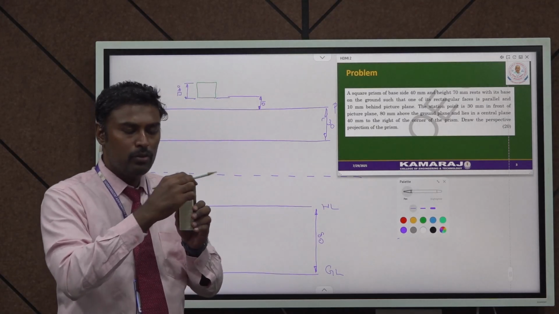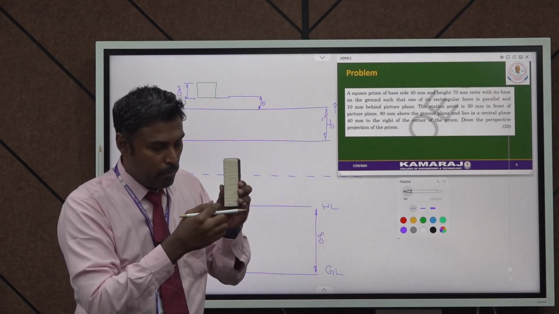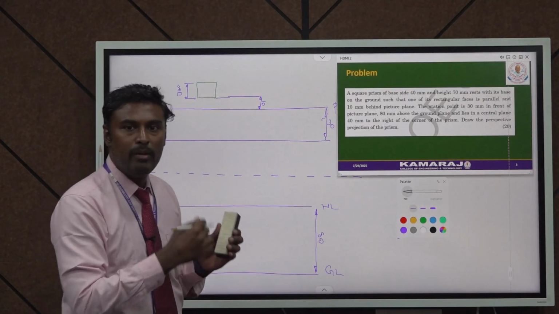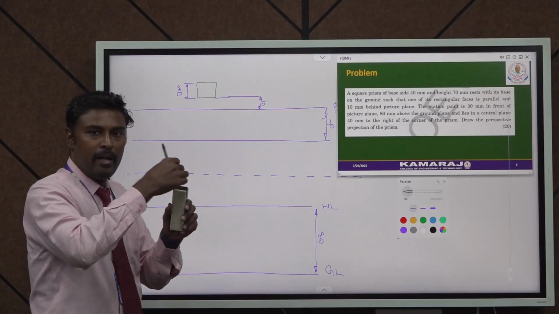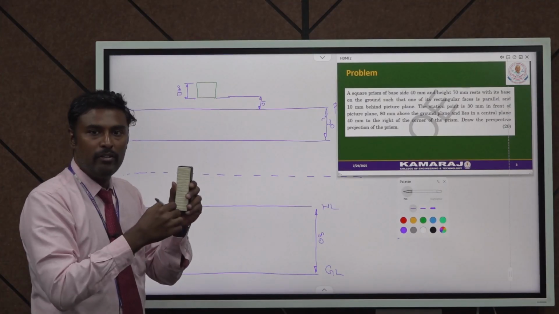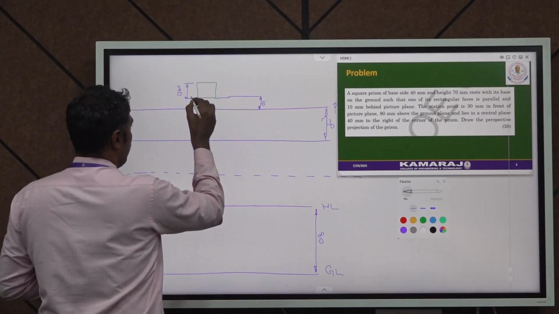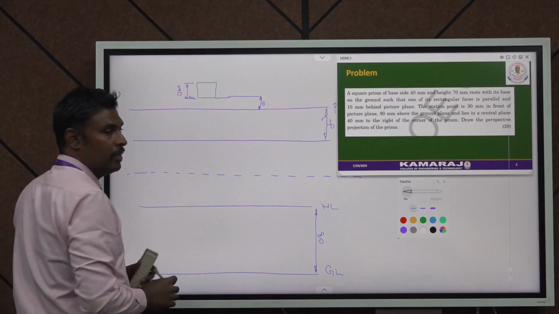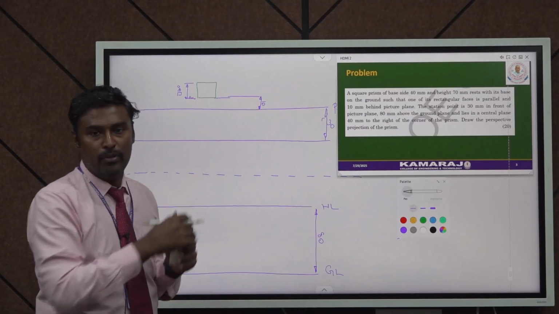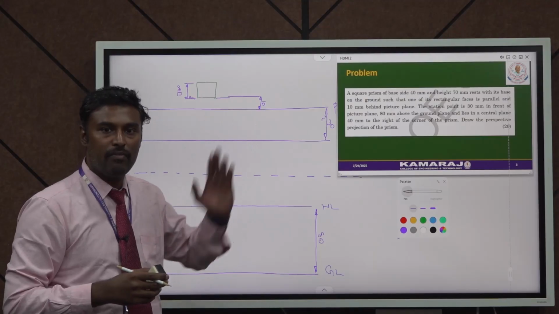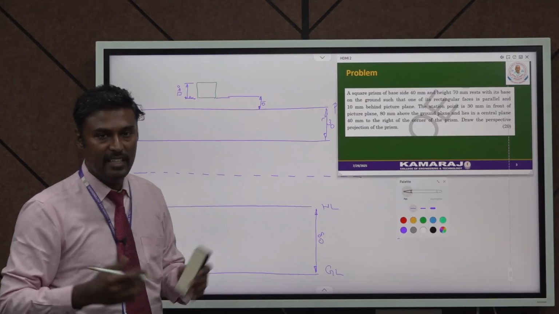For the square prism, 2 faces are there: the top face has one square, and the bottom has one square. Now I am going to name them ABCD and A1, B1, C1, D1. The top face I name ABCD, and the bottom I name A1, B1, C1, D1. When I look from the top, I can see A, because it is a top view. Therefore I have to mention this naming as ABCD. If it were the front view, I would name it A dash, B dash, C dash, D dash.